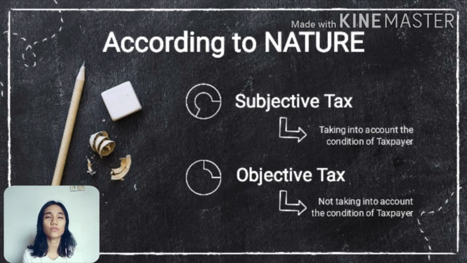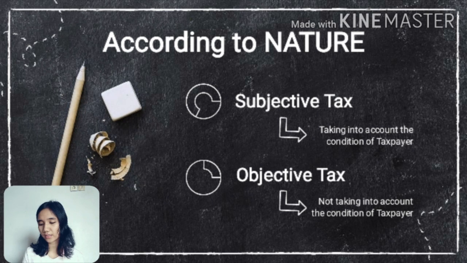The second group is taxes according to nature. The distribution of taxes according to nature means that the differentiation is based on the characteristic of principle, like subjective tax or objective tax. Subjective tax is a tax based on the subject whose objective requirements are sought, in the sense of taking into account the condition of the taxpayer concerned.